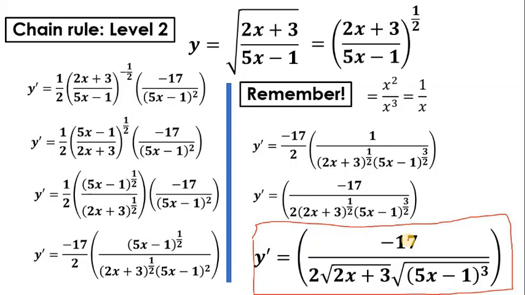Negative 17 all over 2 times the square root of 2x plus 3 times the square root of the quantity of 5x minus 1 raised to 3. That's how everything works using chain rule. We are not only using chain rule here, your algebra knowledge in doing some things is very appropriate and very useful in solving such. Okay, so this is chain rule level 2.